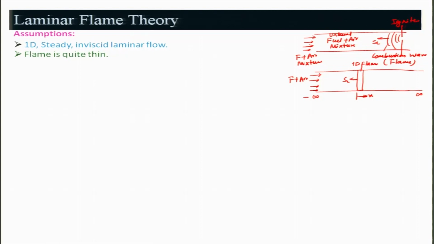The flame is quite thin, that we are considering, and the ignition temperature is close to the flame temperature. That means in this case T ignition is approximately equal to Tf, there is not much difference.